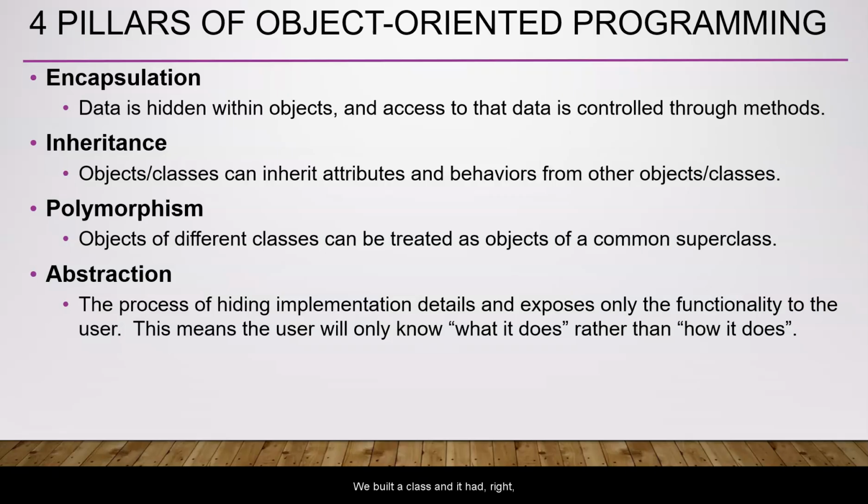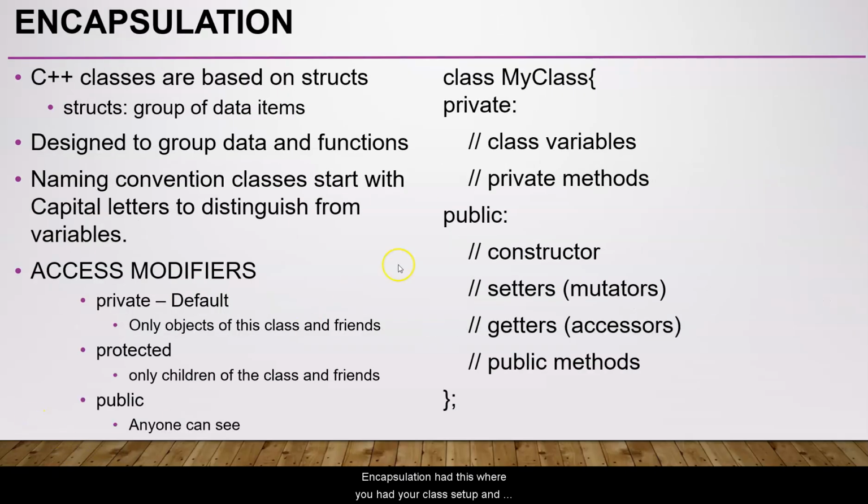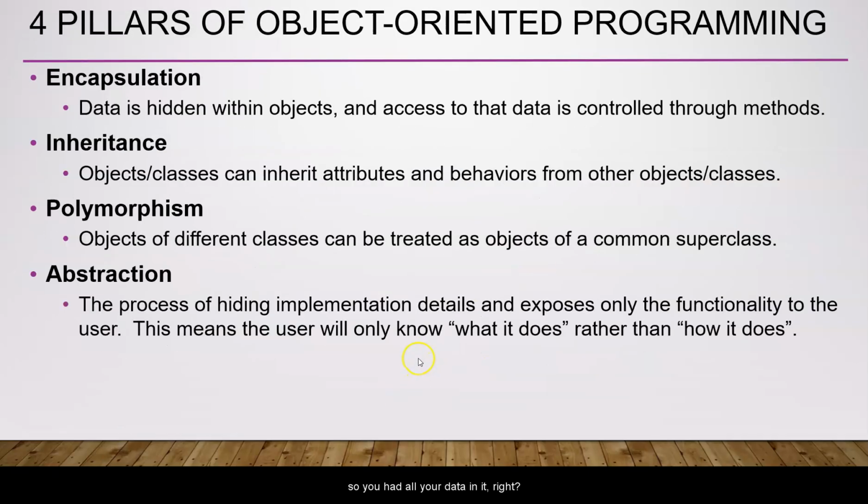We built a class where you had your class set up, then you had private members and public members, and you had your setters and your getters. So you had all your data in it. That is encapsulation: the process of building and putting it all together and making one big object.